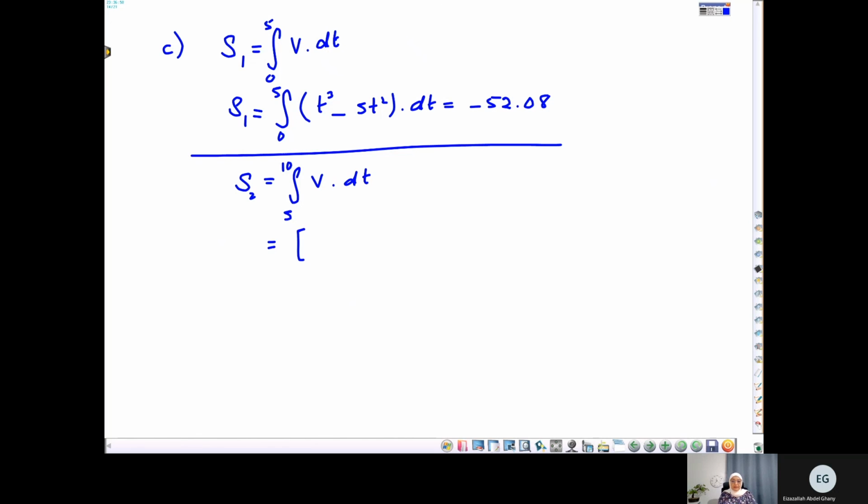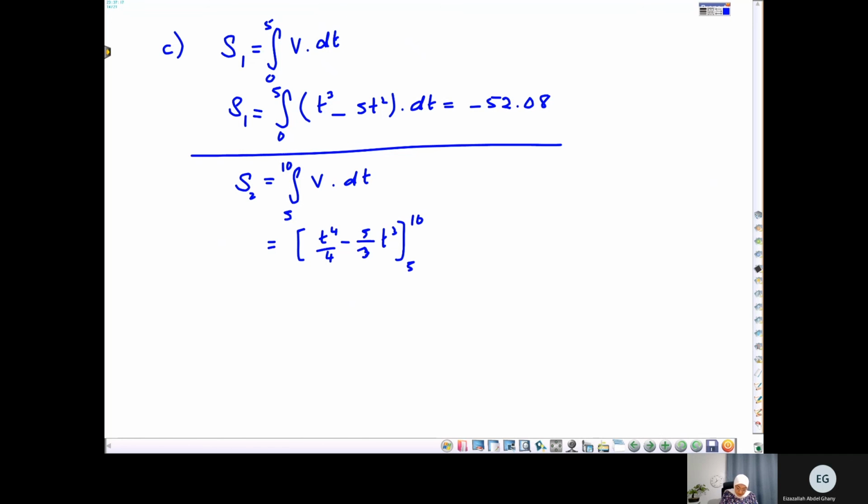You remember the square brackets? What did we write in them? It is t to the power 4 over 4 minus 5 over 3 t cubed, and you have to change the limits on the square brackets, which will be from 5 to 10.